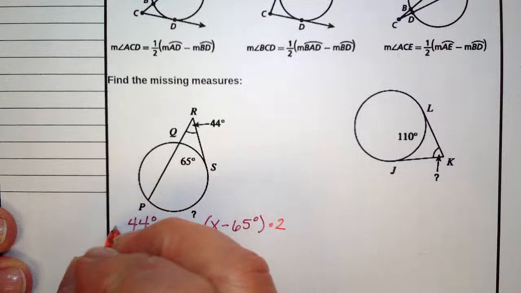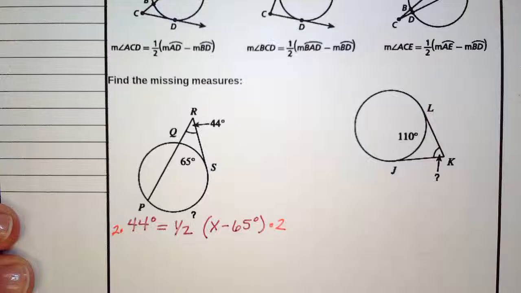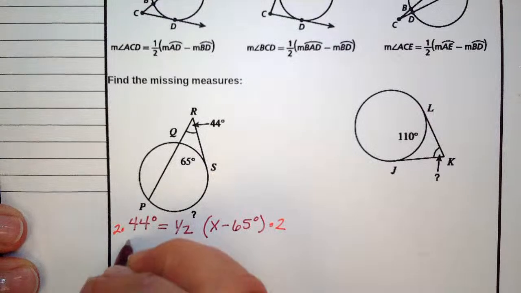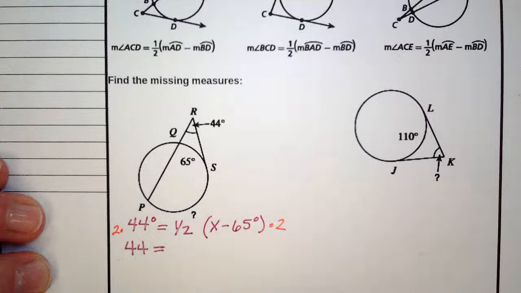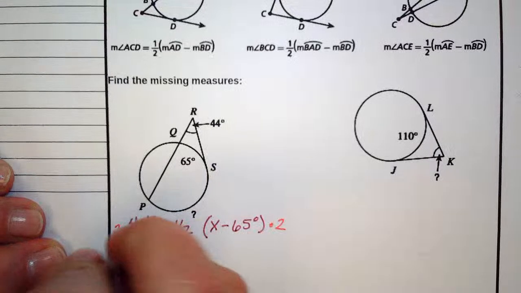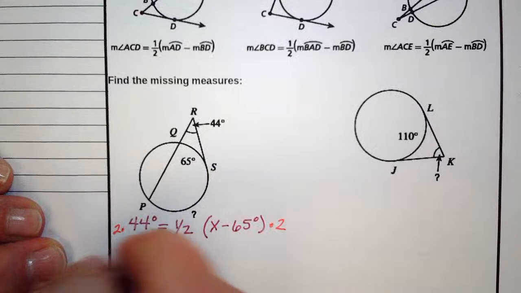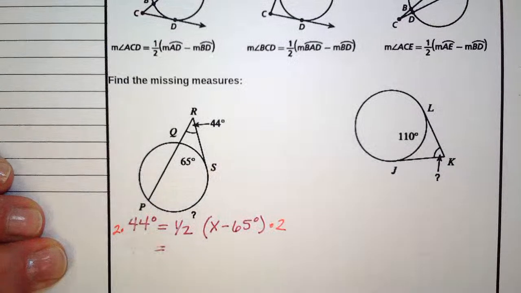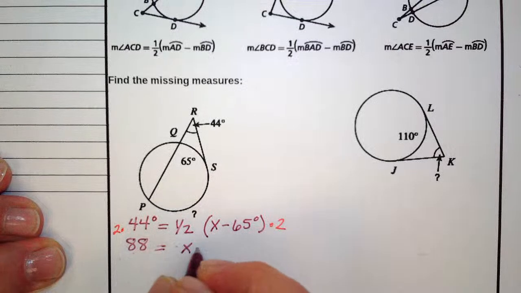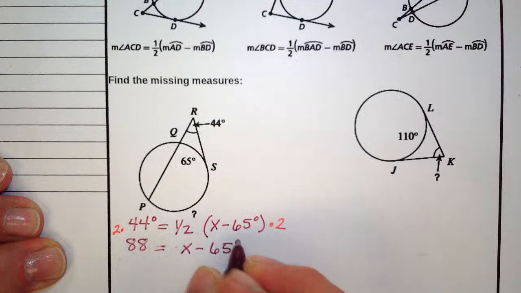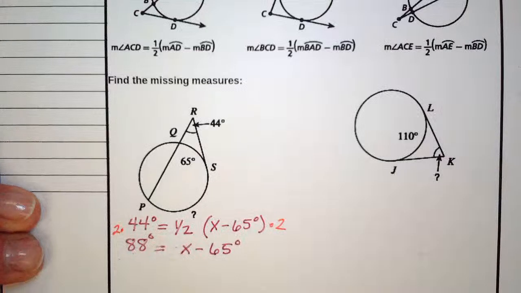Multiply by 2 on both sides. 44 times 2 is 88. 88 is equal to x minus 65 degrees.